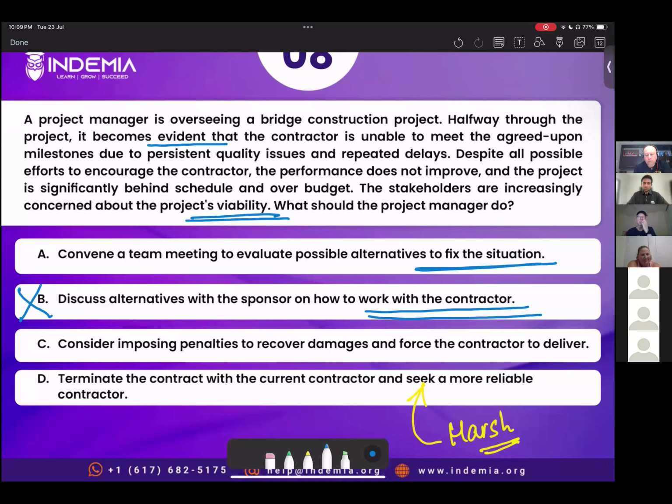In this situation, you have done every possible thing, right? So if you have done every possible thing, there is no point of convening a team meeting or discussing alternatives with the sponsor or imposing penalties, because this contractor won't be helpful in this situation. Correct answer is option D, terminate the contract with the current contractor and seek a more reliable contractor.